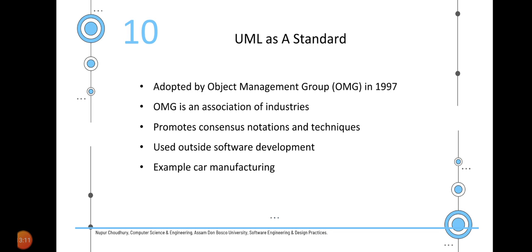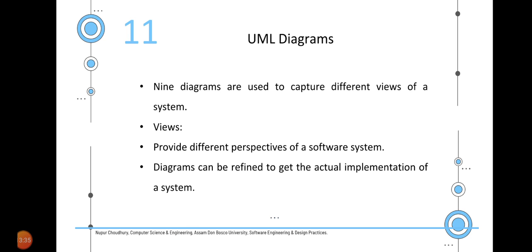It is used for software development as well as hardware development, for example car manufacturing units. So UML is used not only for software but also for hardware development. It is a very powerful modeling language from the perspective of design.